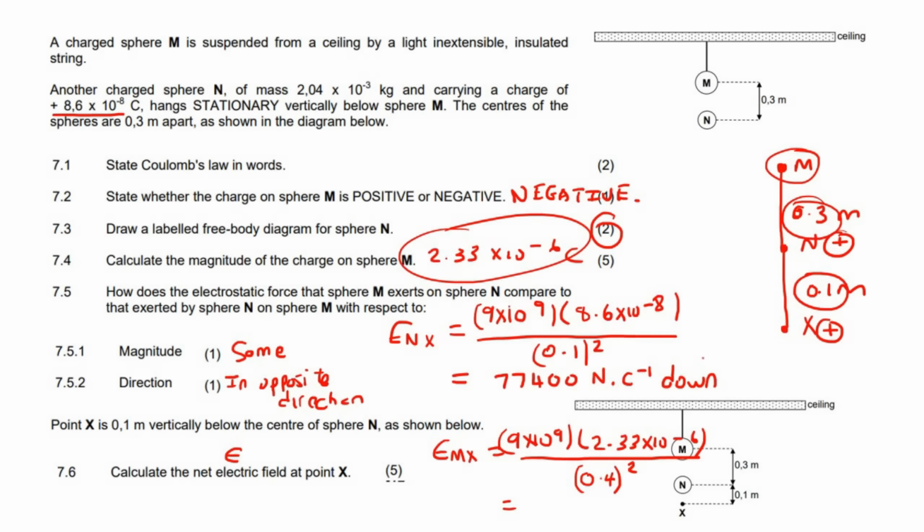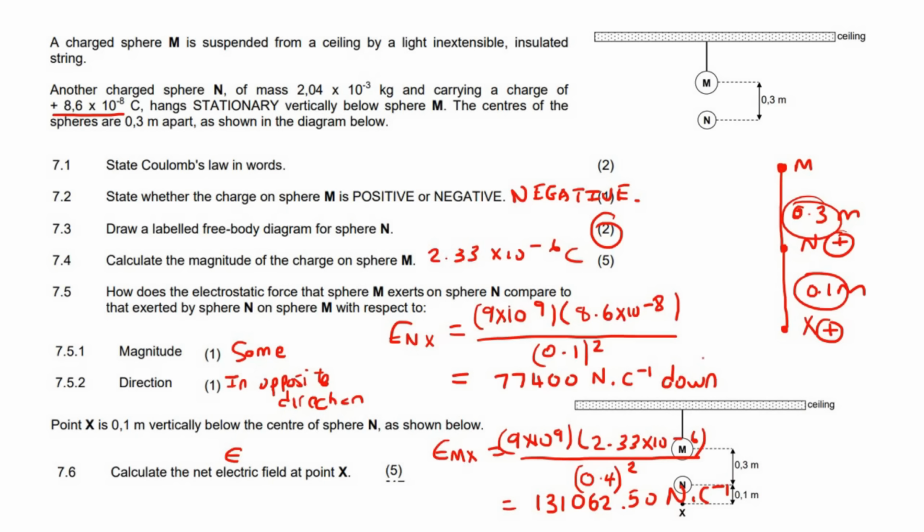That gives us 131,062.50 N·C^-1. Now, M is negative. We didn't put a negative over here because they just wanted the magnitude earlier. But I did look on the memo because I was curious to see if they would allow you. If you did put a negative over here, that would have been fine.